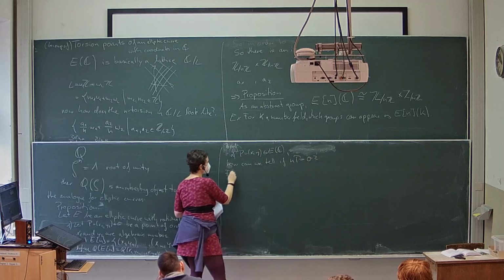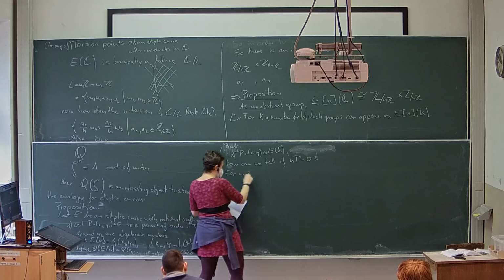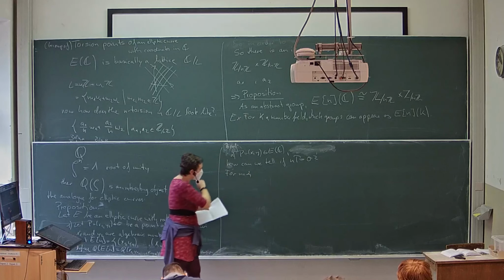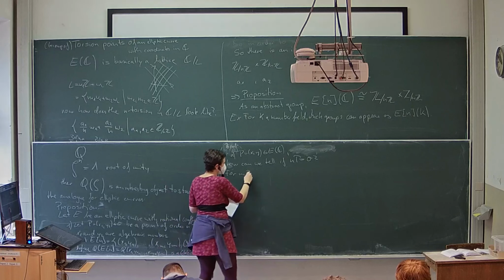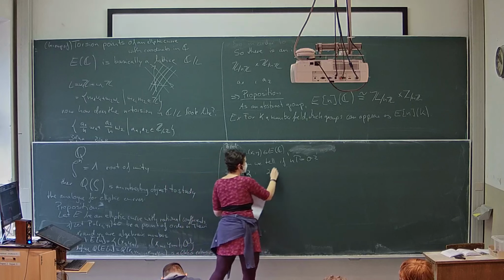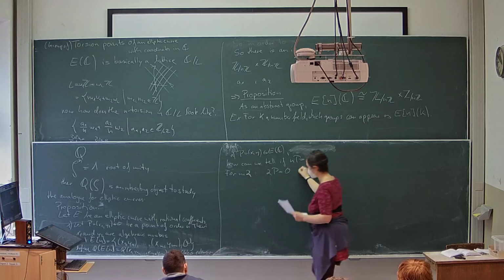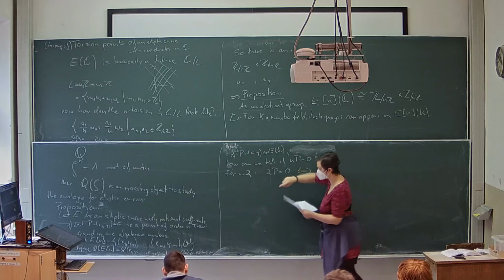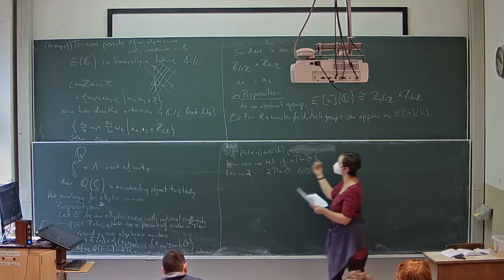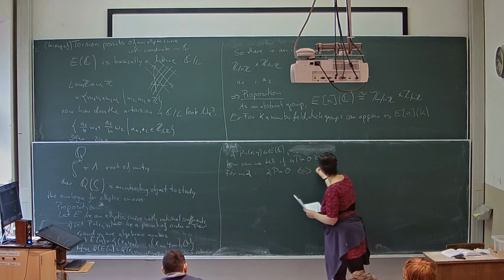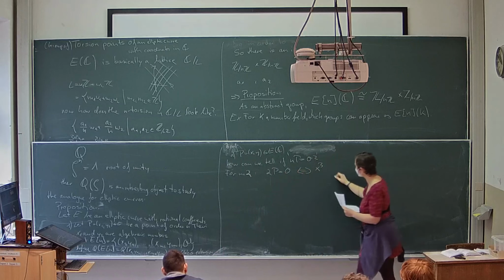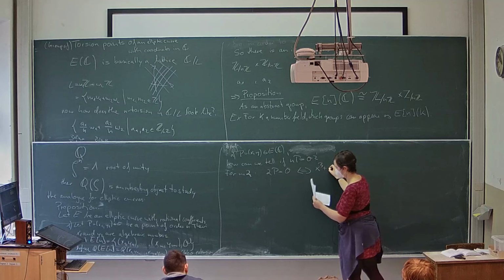For n equal to 2, we just have a formula, the duplication formula, and then we want the denominator to be 0, and this means y has to be 0.